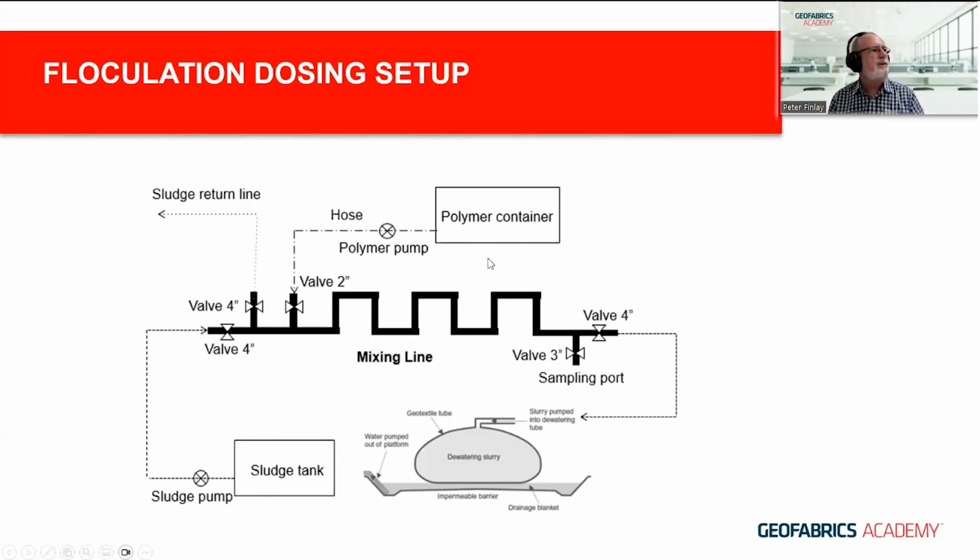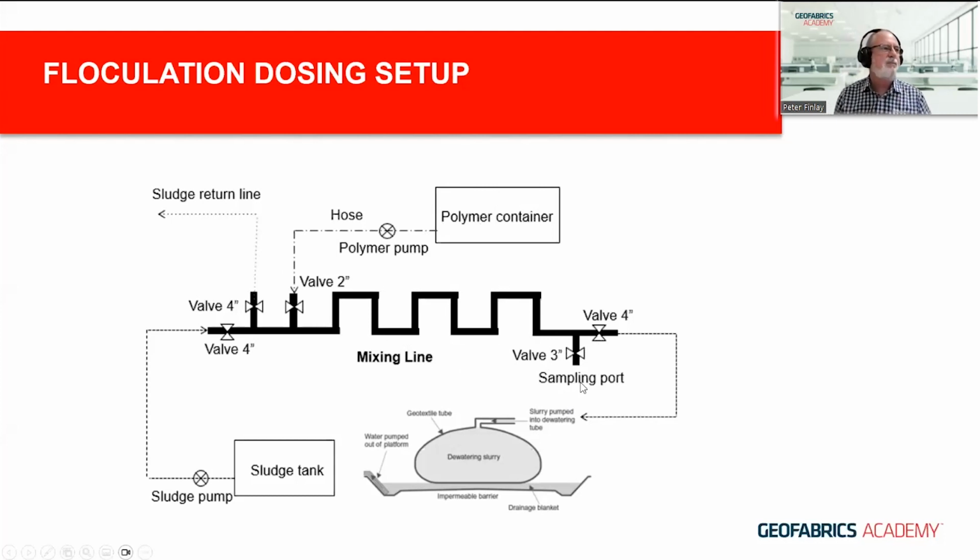So here we have the polymer setup, an injection pump to inject the polymer into the line. Then that mixing, so some energy put into mixing to make sure that the sediment is fully mixed with the coagulant and the flocculant. Sampling port, very important.